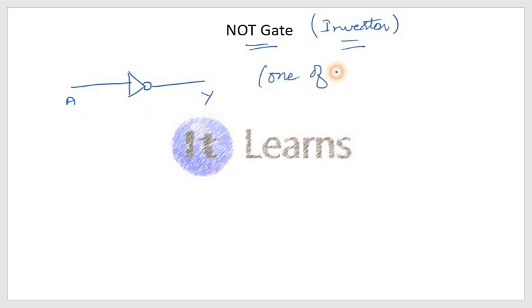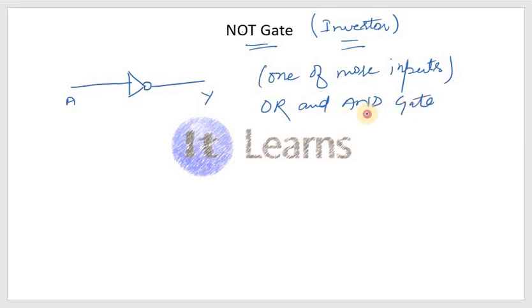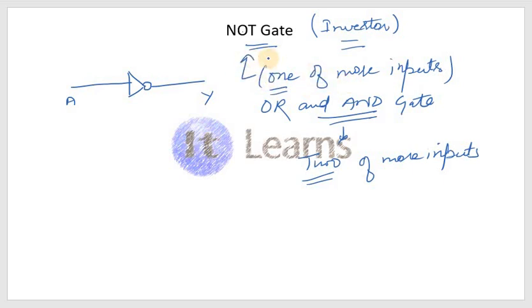In an OR and AND gate you can have 2 or more inputs. So you see the difference: the minimum inputs in case of OR and AND gate are 2, whereas it's 1 in case of NOT gate.